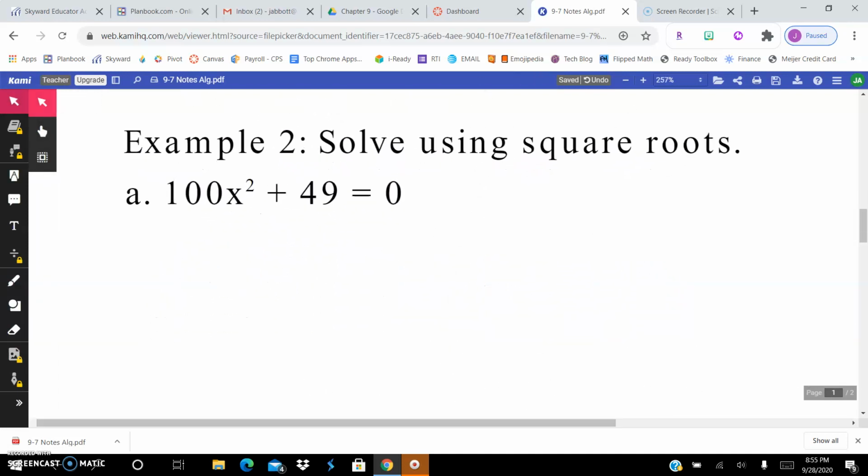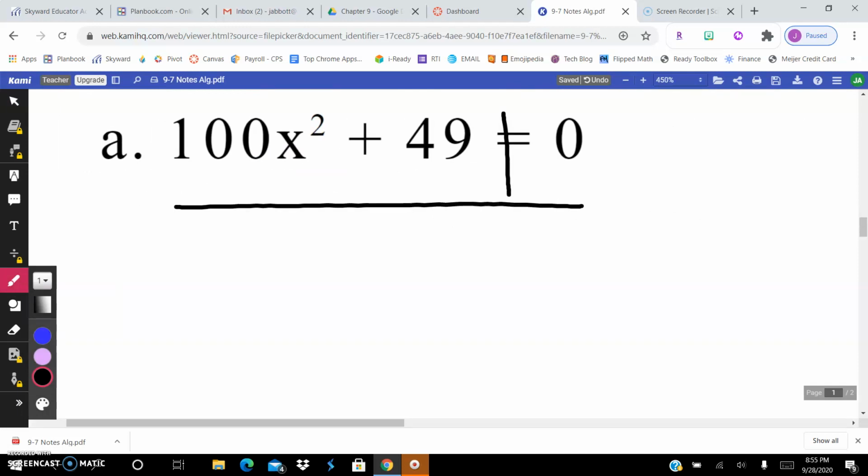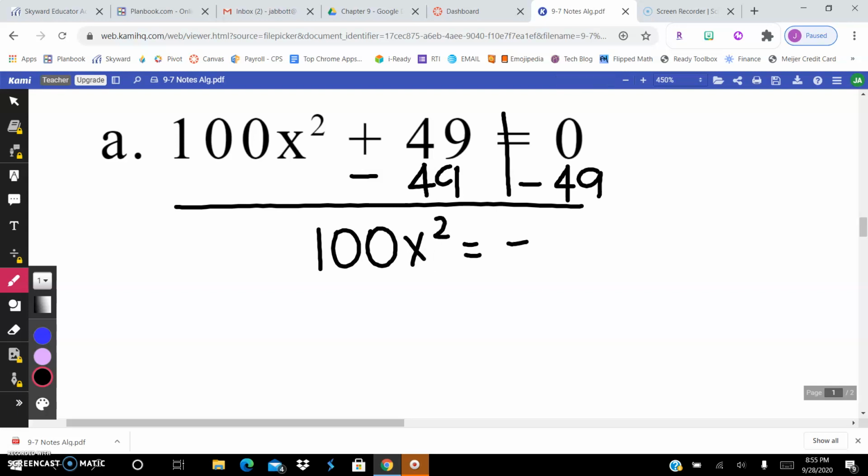Solve using square root still, but there's just a little bit more to our problem. So we have to get rid of that 49 first. So we're going to subtract 49 from both sides. So I'd have 100 x squared equals negative 49. And then I have to divide by 100.